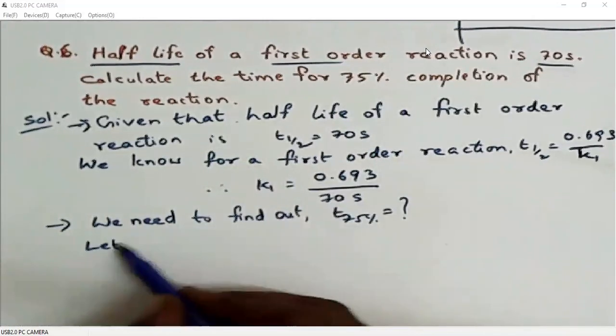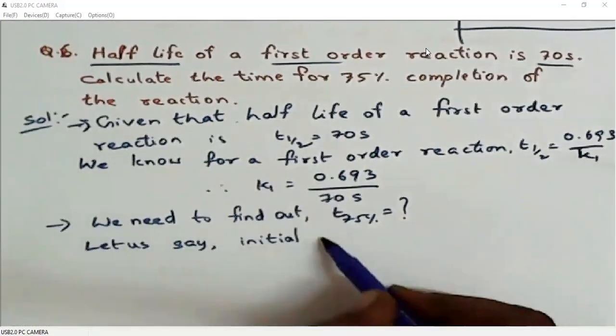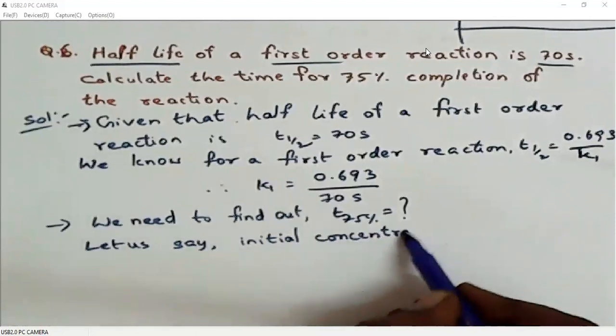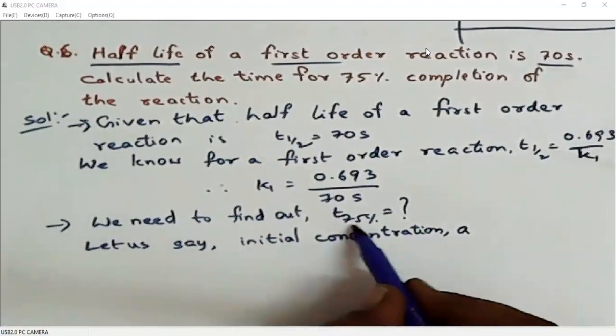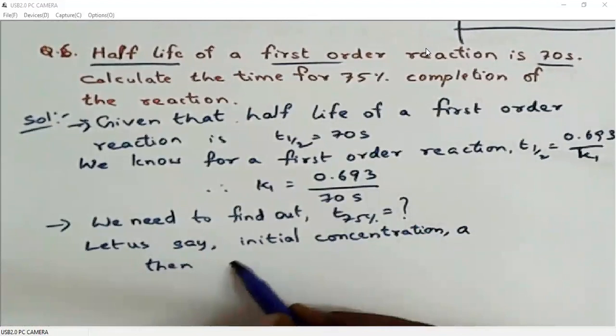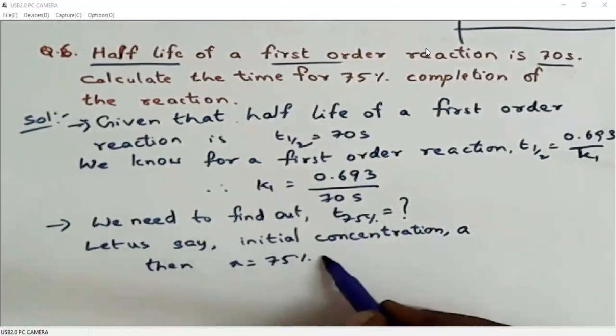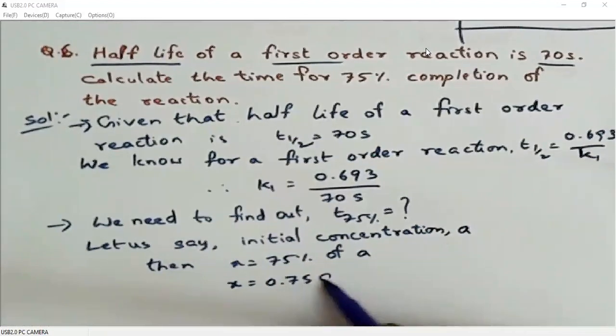So first let us say initial concentration is A. Therefore, if a reaction is to be 75% completed, then X becomes 75% of A. When we convert this into numbers, we divide it by 100. Simply we can take 3 by 4 of A because it is 75%.